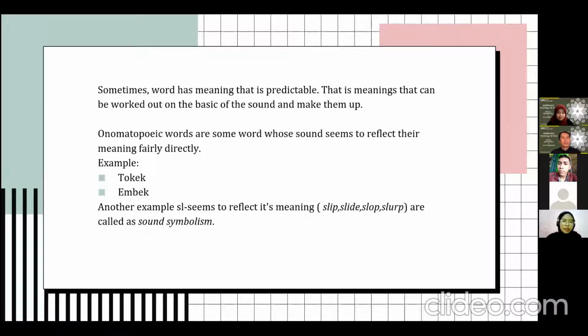So there are a few types of words with predictable meaning. The first one is onomatopoeic. Onomatopoeic words are words whose sound seems to reflect their meaning fairly directly. For example, do you know a big lizard?